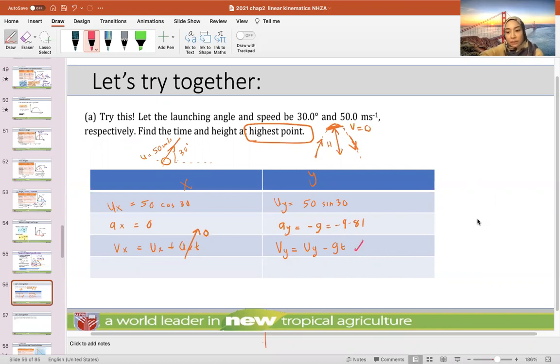So equation mana yang awak nak pakai? Nak cari maximum height. Nak cari SX ke? Nak cari SY ke? Okay, boleh teka, tak apa, salah tak apa. Okay, Y. What is the equation?